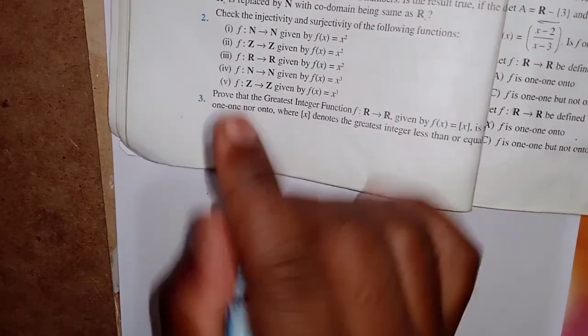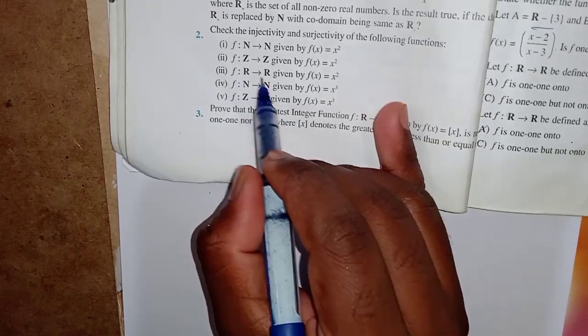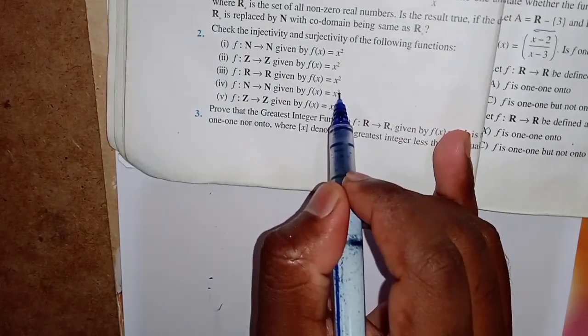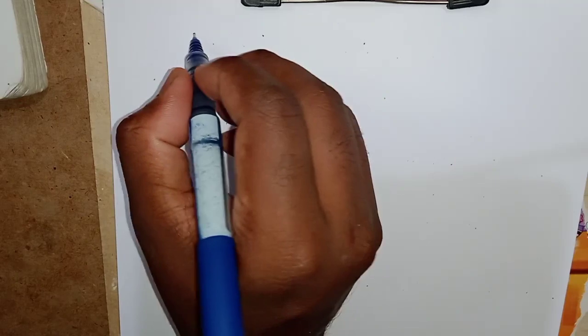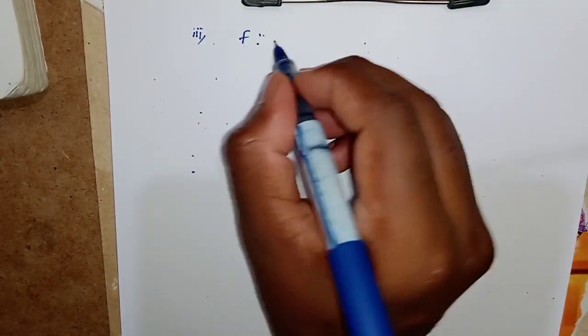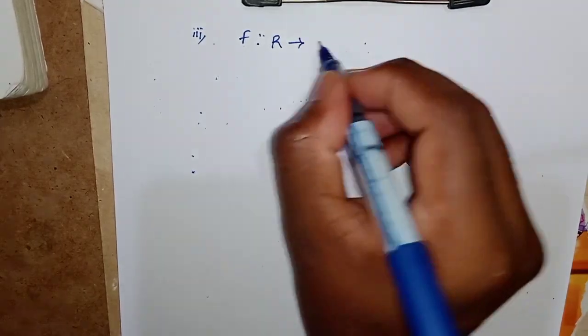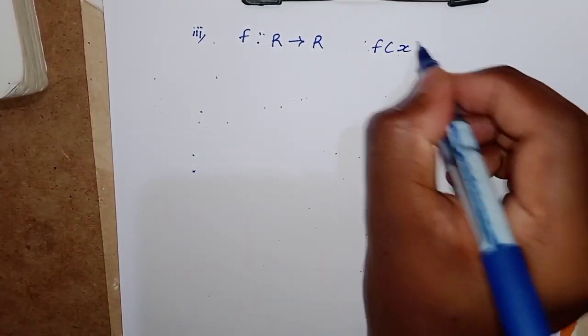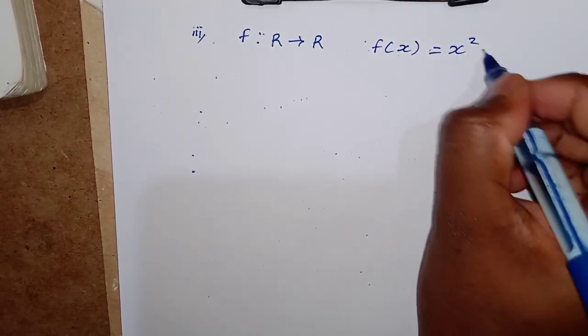Here the third subdivision is similar: real to real, given f of x equal to x square. Therefore write the given first. Third one: function f such that real number to real number, f of x equal to x square.